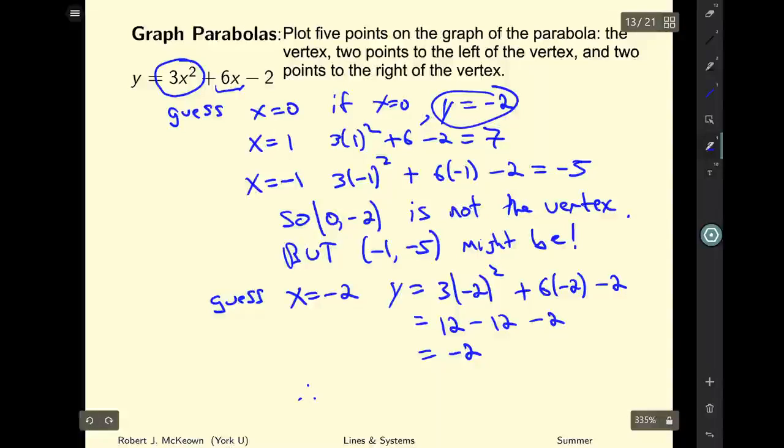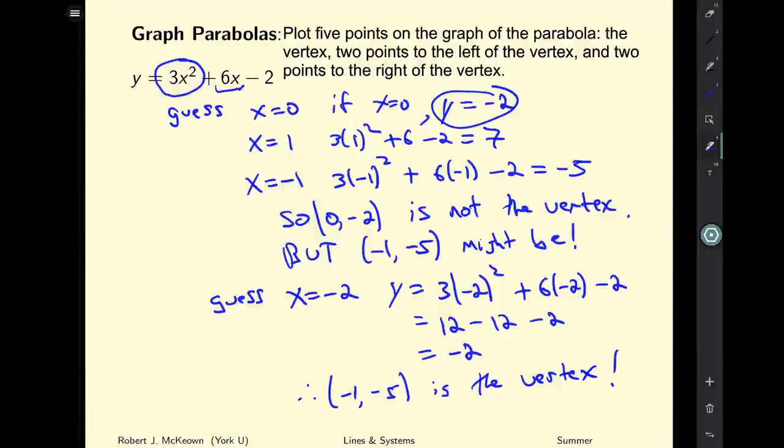So therefore, -1, -5 is the vertex. I did that by guessing, and I know that since it's a parabola, with the square term, this term right here being positive, I know that once I find the minimum point, that's going to be the vertex. And because of symmetry, any other value of x is going to give a higher value of y.